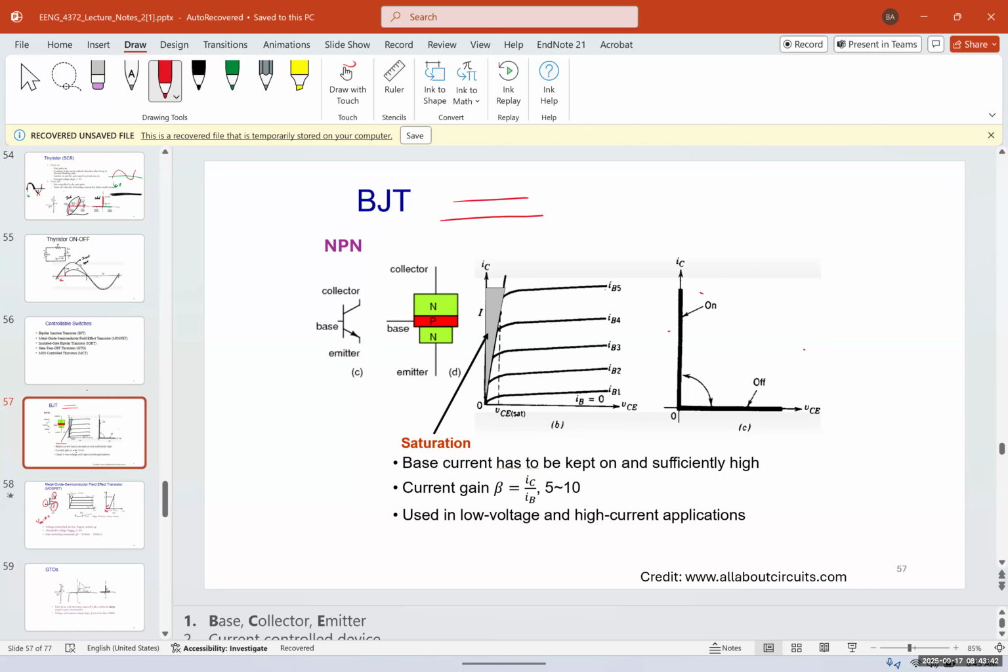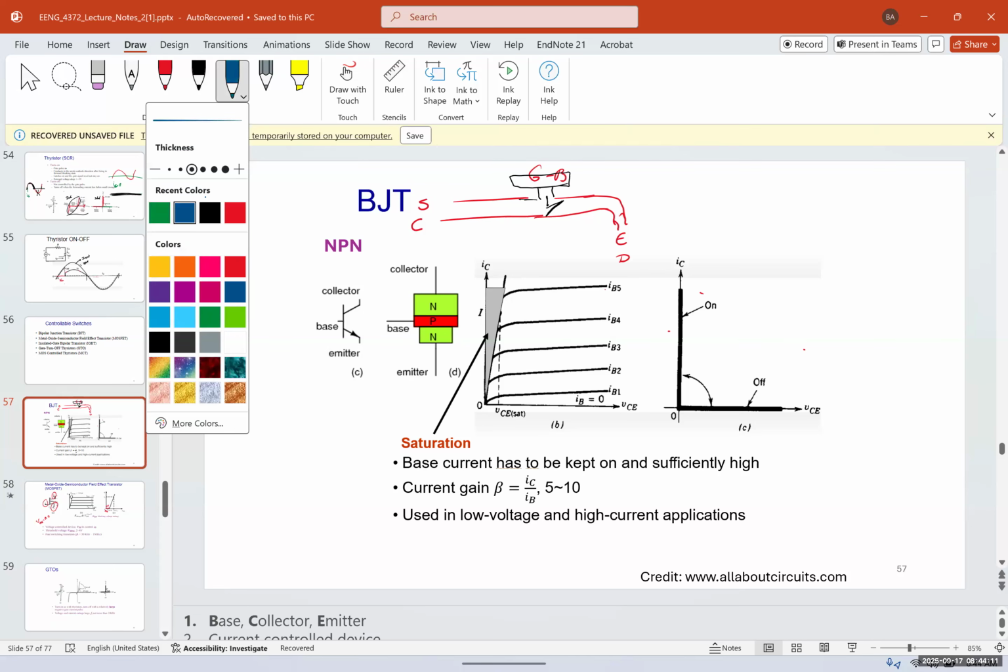I'm going to use the water analogy for this. So imagine you have a faucet. This is the drain or the emitter, and you have the gate or the base, and you have the source or the collector. And we have the faucet itself that controls the output, which for this analogy is water.